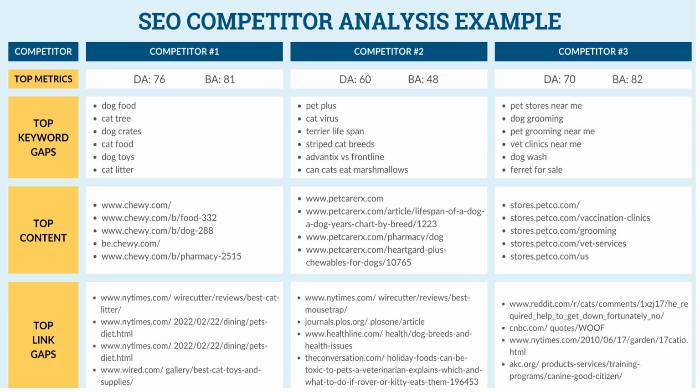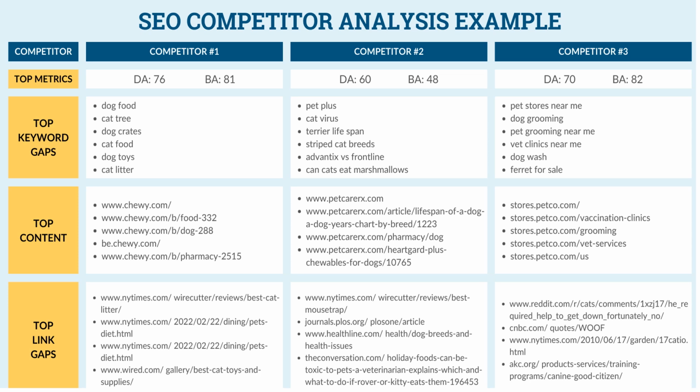This is basically a format which you have to develop in your Excel sheet or Google sheet, whatever is convenient to you. Here are the top metrics: DA 76, DA 81, DA 60, DA 48, DA 70, DA 82. This is something which you have to develop.